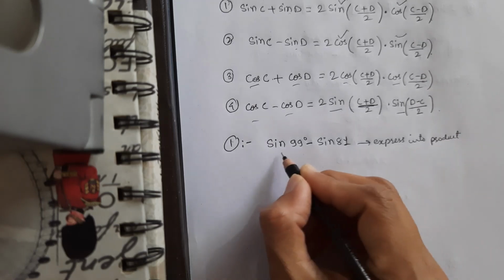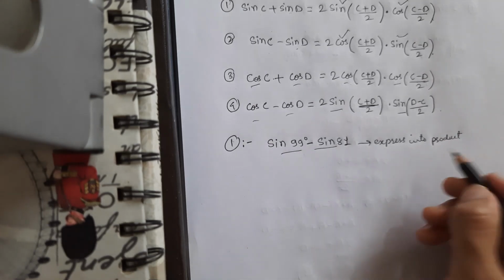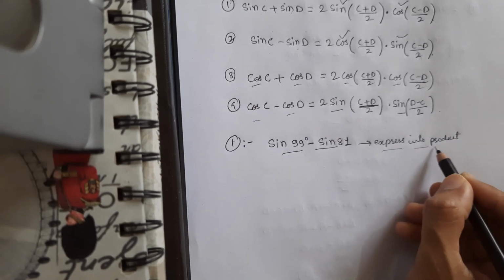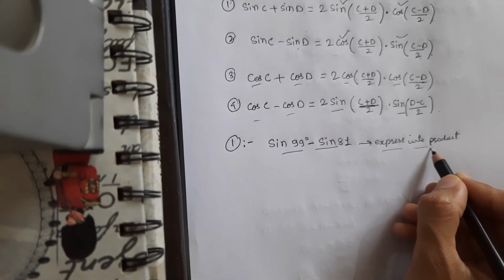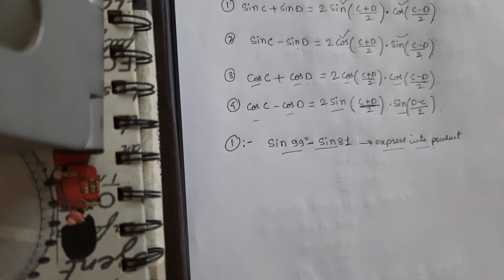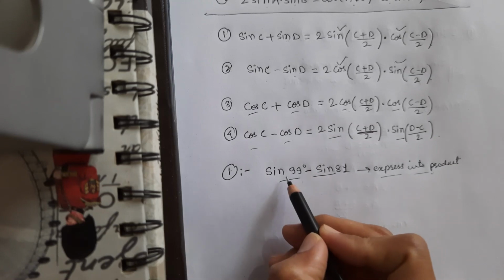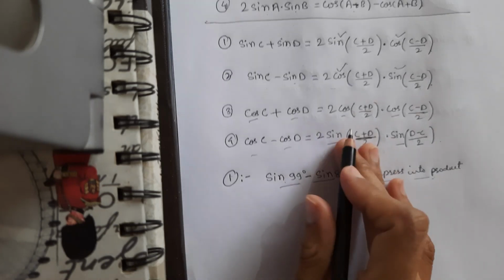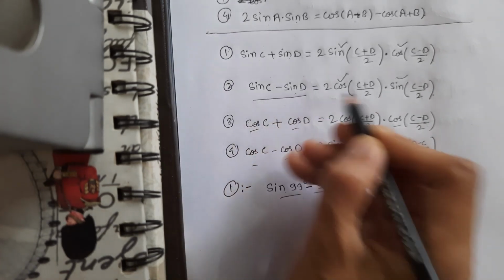Okay, so the difference is given and we are asked to express it in the form of a product. Basically this is the factorization thing: the sum is given and we want a product. So which formula will you use? Sin C minus sin D, the second one.